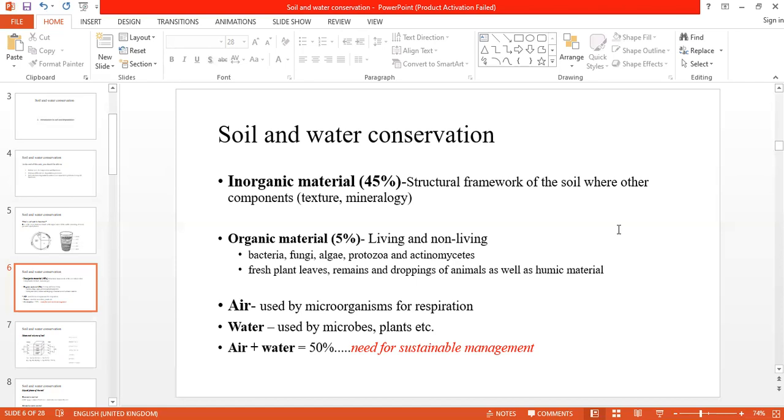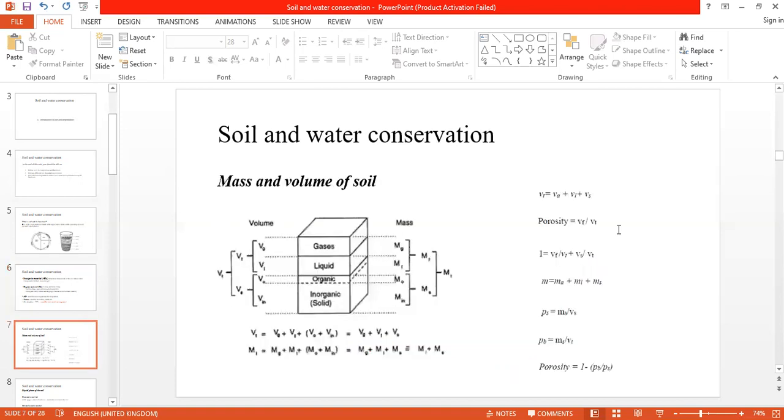Okay. So as sustainable soil and water management managers, we need to make sure that the water and the air are balanced. So meaning that we need to quantify these two properties.